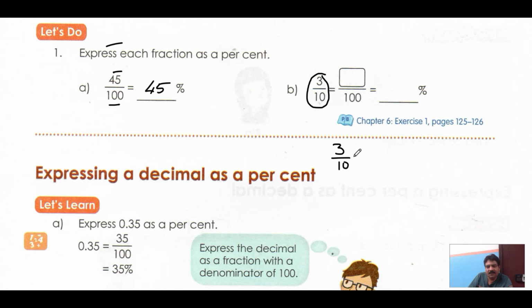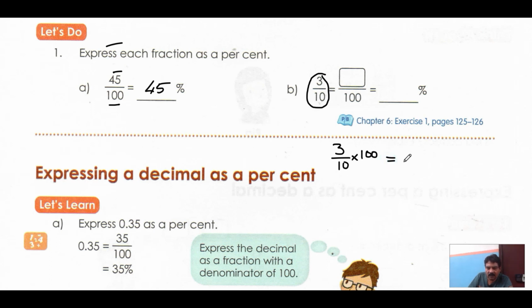Out of 100 is percent, but here 3 is out of 10. So we have to find out the percent, meaning you have to do one thing, right? You multiply this with 100. Whenever you want to know the percent of any fraction, you simply multiply the fraction with 100.